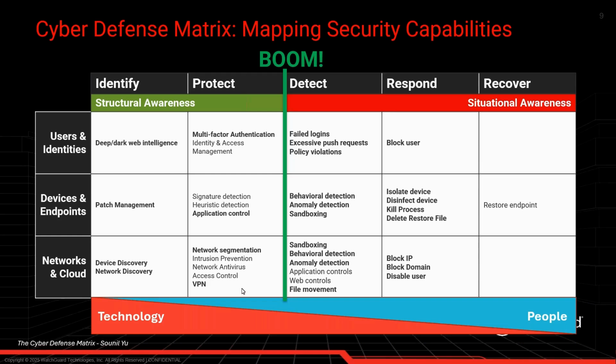But then as you move into detect and respond, this is where you're starting to look for more evidence of a breach. And we'll talk about how WatchGuard approaches some of these things later in the presentation. But when you're looking at things like users and identities, can you identify failed logins, excessive push requests, evidence of a potentially compromised account being used against your environment?